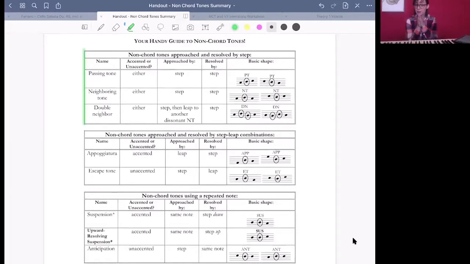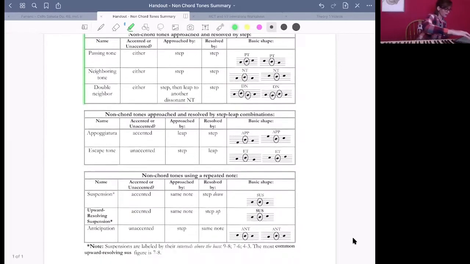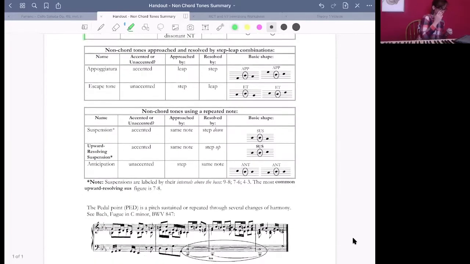Okay, now let's talk about what happens when we leap. That is that second box. You have two different non-chord tones that involve a combination of leaping and stepping. The appoggiatura, I think a lot of you have probably encountered this term in your practice or in your private lessons.